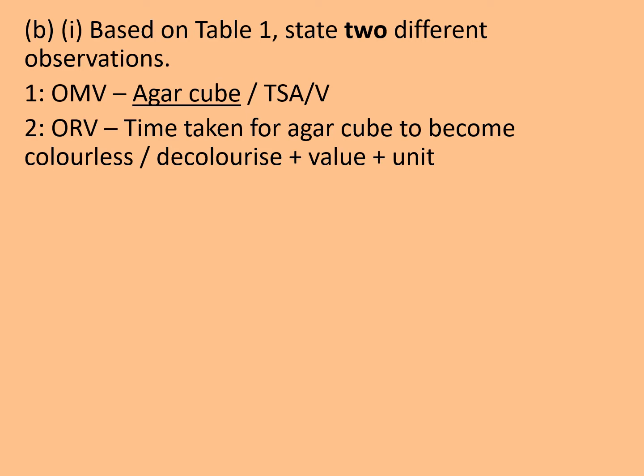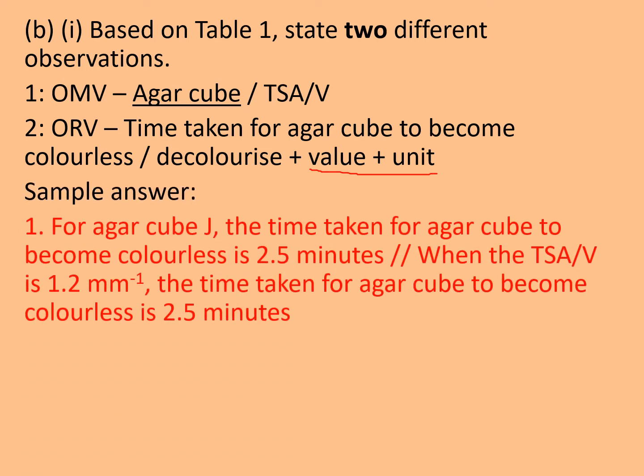And then when you write your observation, you must put the value and the unit. Okay, this is important. So this is the sample answer. When you write your observation, you must choose the best reading, which is highest and lowest, or fastest and the slowest. So easy for you to make inference or give the reason for your observations.